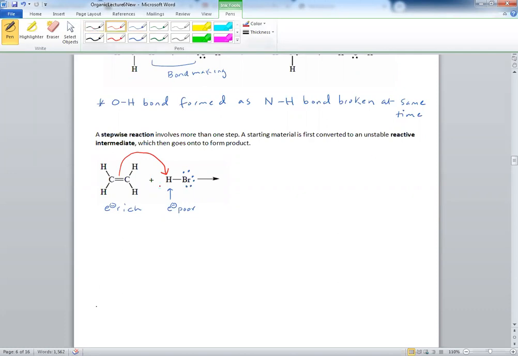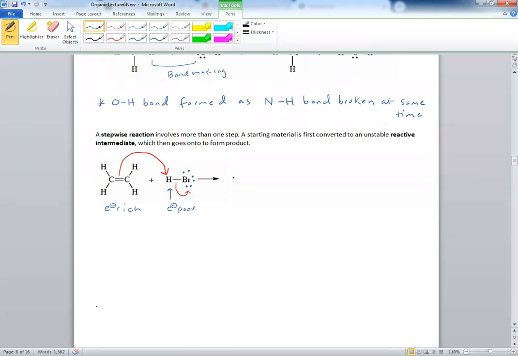And then, of course, this bond would not stay intact, so this bond would break. So yes, this is happening at the same time. As the bond between C and H is forming, the HBr bond is breaking.